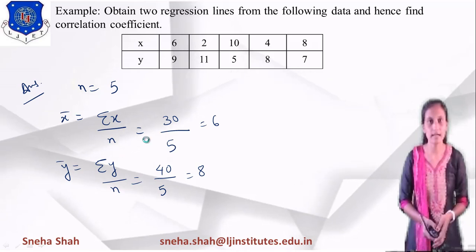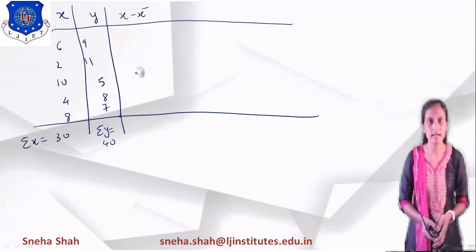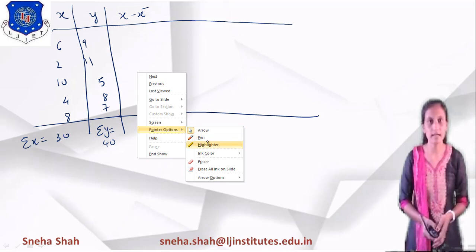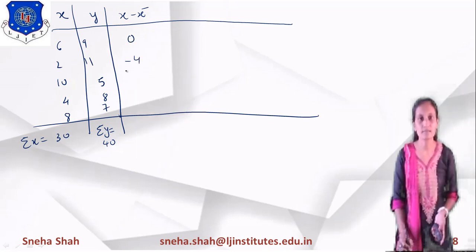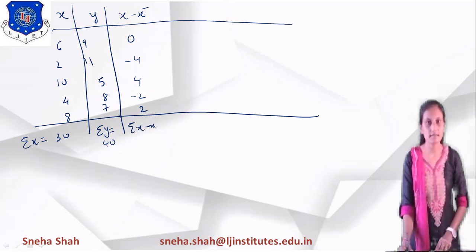So 6 minus 6 equals 0. In the same way we find the difference for all the terms: 2 minus 6 means minus 4, 10 minus 6 means 4, 4 minus 6 means minus 2, 8 minus 6 means 2. Now if I add all these values, we get summation x minus x bar, and its value equals 0, because minus 4 plus 4 cancel, minus 2 plus 2 cancel.